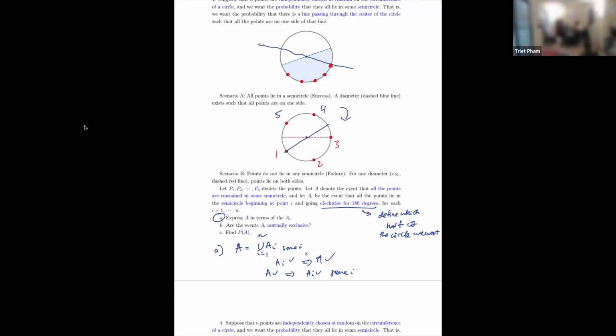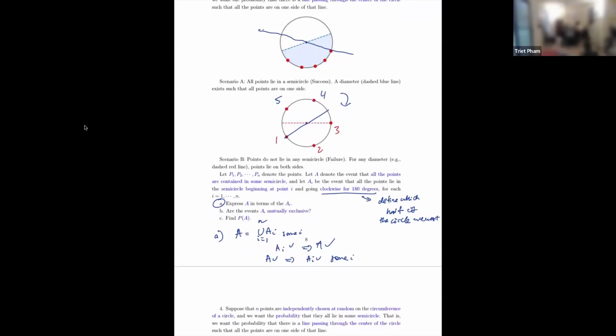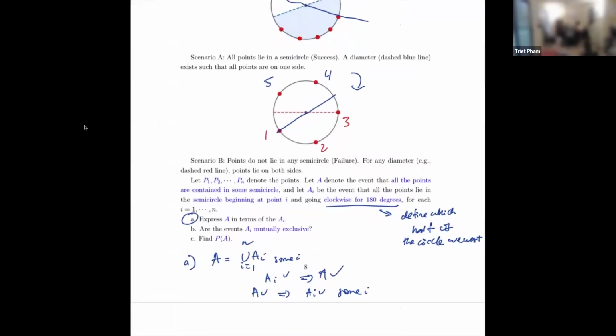Notice the points don't have to be named 1 to n in that order. It could be 0.2, whatever. But if you rotate the line so that the diameter touches one of the points, then one of these lines will contain all the points in the clockwise direction. So this is also true by rotating the diameter we found.